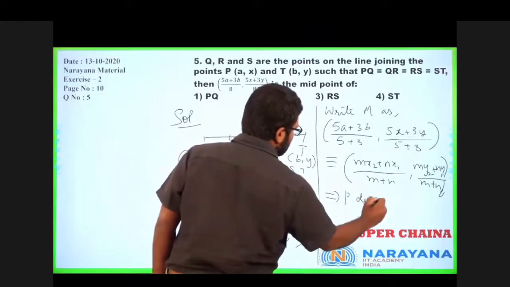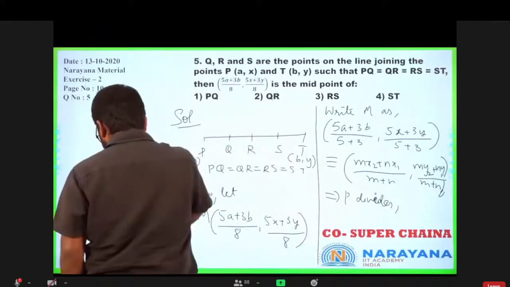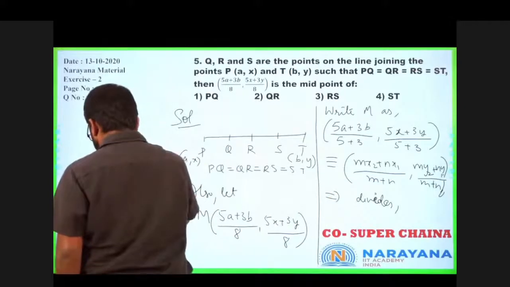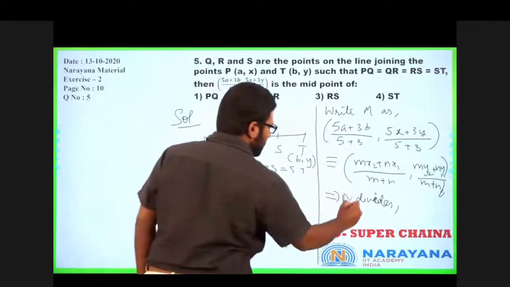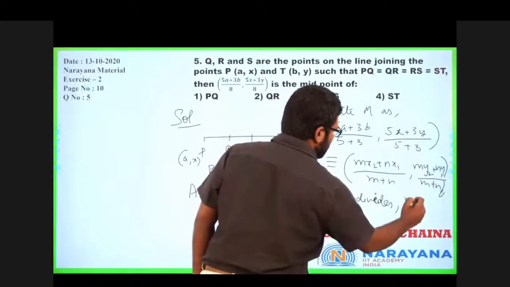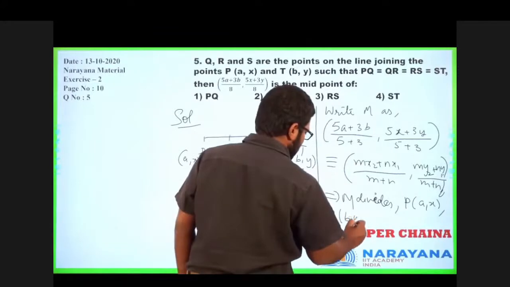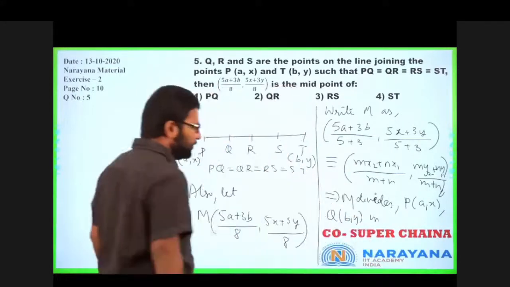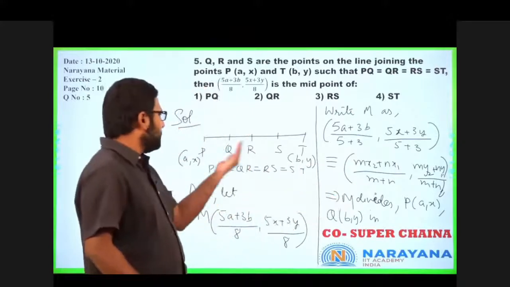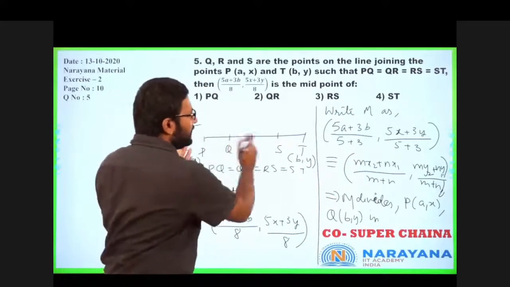M divides (A, X) and (B, Y) in the ratio, and be careful about that. We need to know whether it is 5:3 or 3:5.